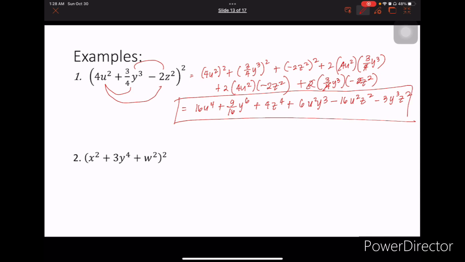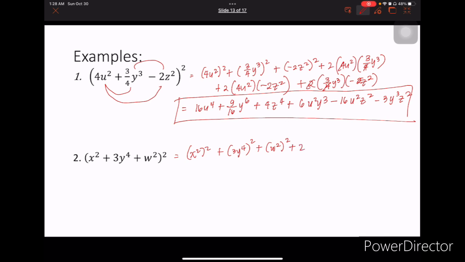Alright, now let's have the next one. So again, you have 3 terms separated by 2 operations, and then the whole entire expression will be squared, and this is a square of a trinomial since you have 3 terms. So just simply square the first term plus the square of the second term. So you have x squared, quantity squared, plus 3y raised to 4, squared, plus w squared, quantity squared.